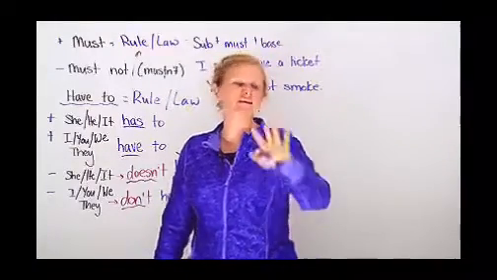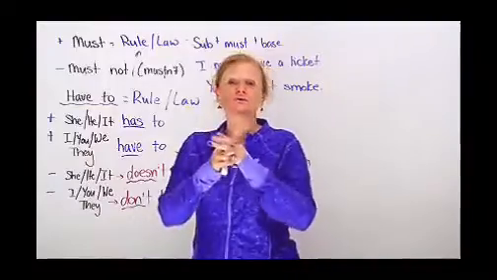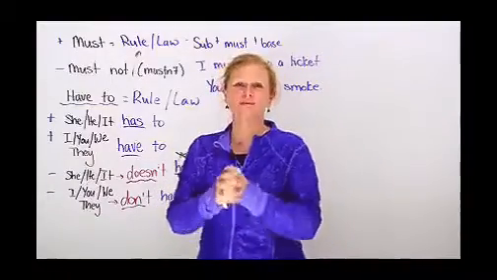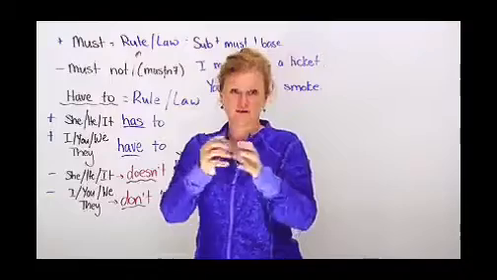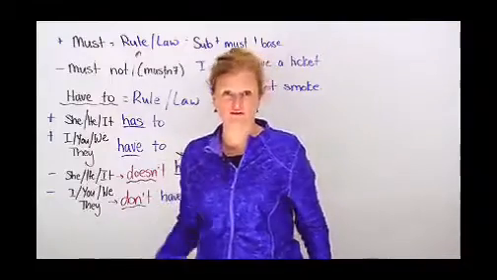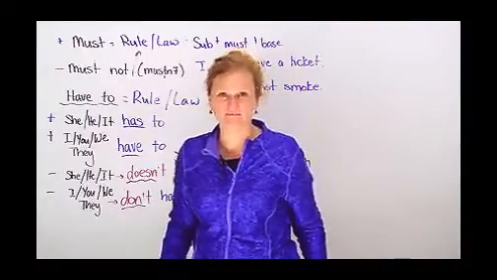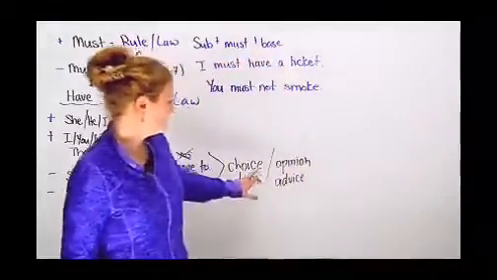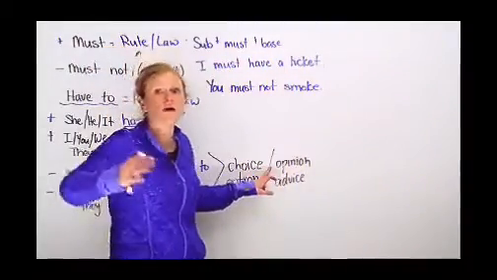Or your friend says, you know what, it's okay. You don't have to buy me a souvenir or a gift when you go to this new country, but I'd like it a lot. This is someone's opinion.